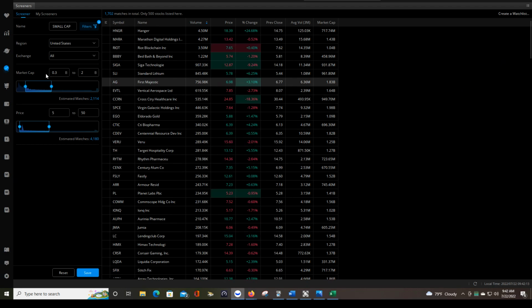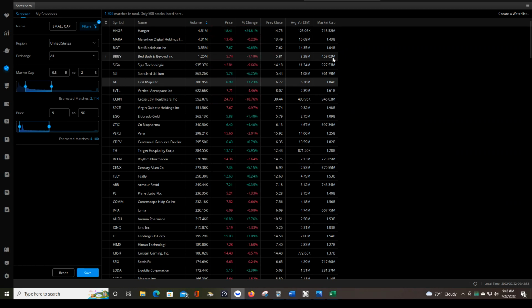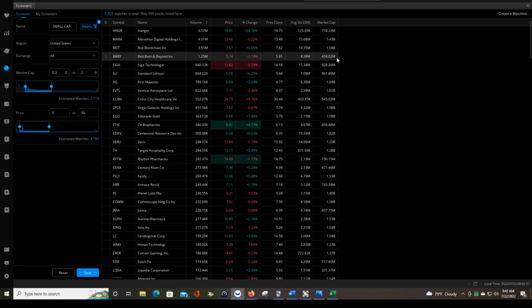Let's say that you have your bottom threshold of your market cap at $300 million, which is what this is, 0.3B. That stands for $0.3 billion in market capitalization. So let me find an example here. Right here, for example, BBBY, you could see that's near that $300 million threshold.